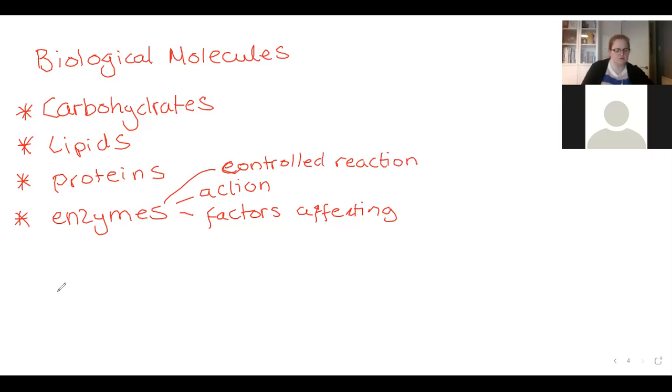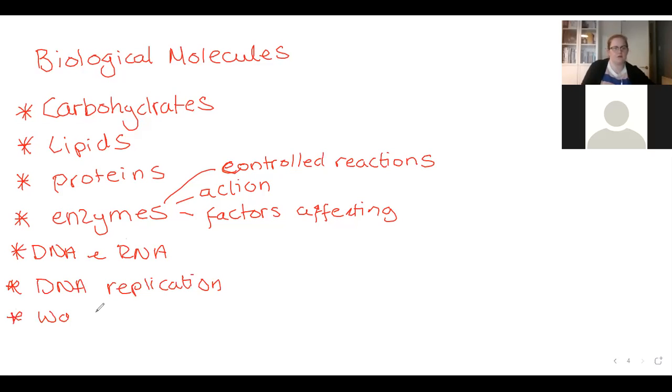It also includes DNA and RNA, DNA replication, water, ATP, and inorganic ions. So that is our first topic which we have covered.